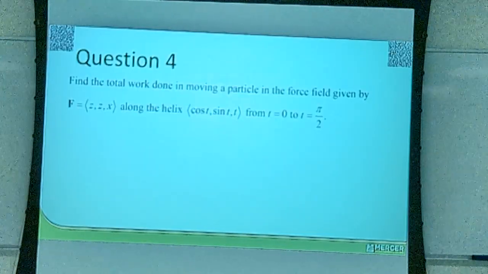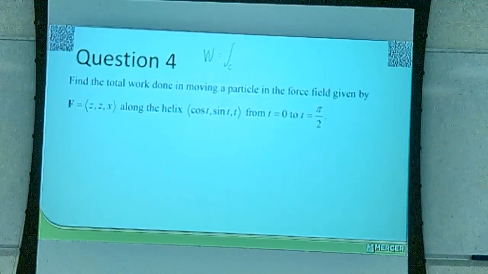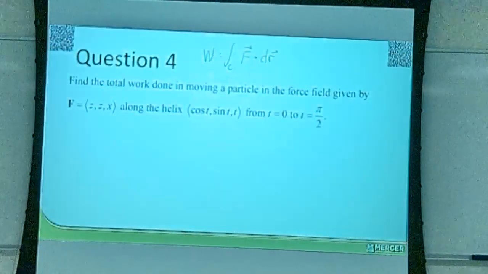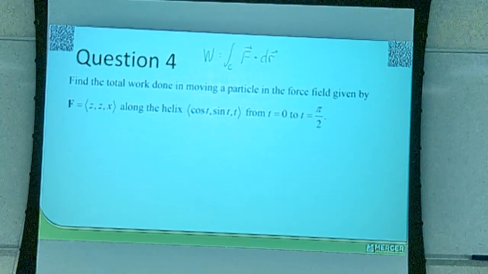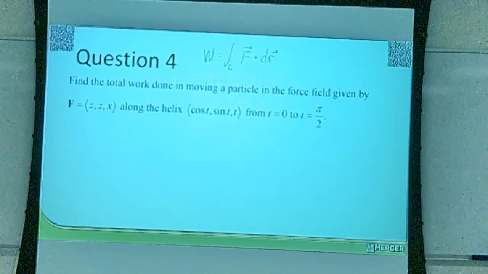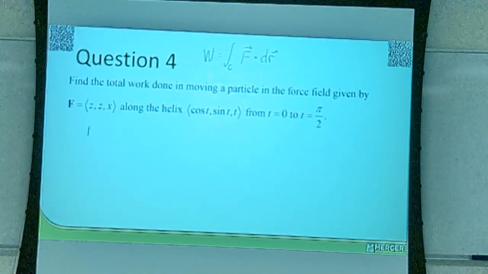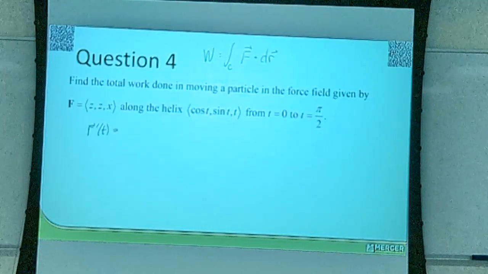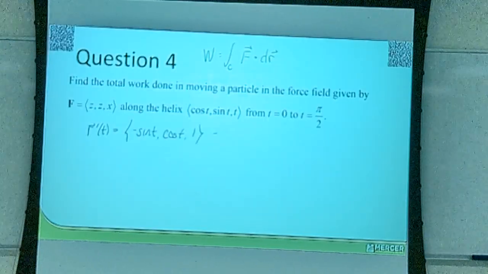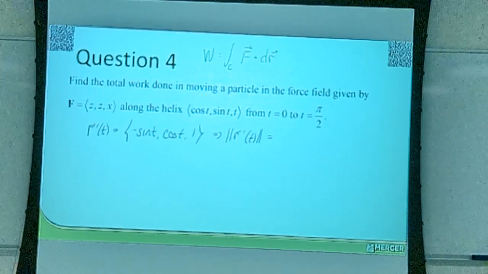Total work. Work is just a path integral, force dot dr. Well, they gave us r. Magnitude of r prime would just be root 2.